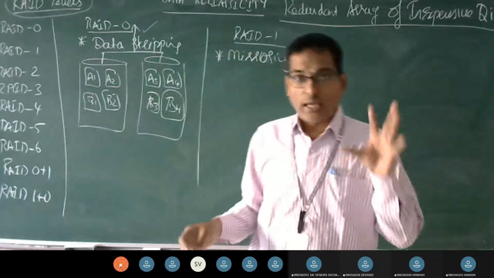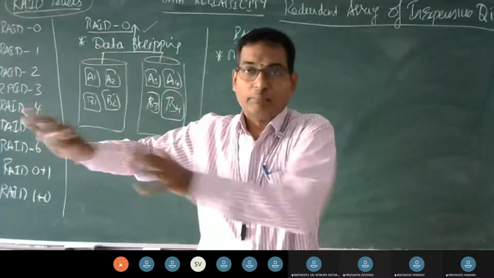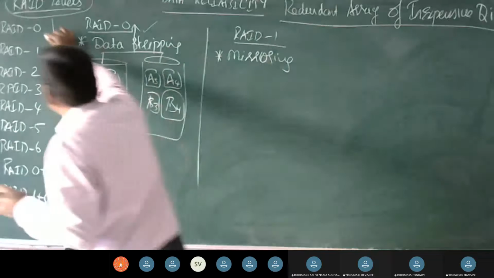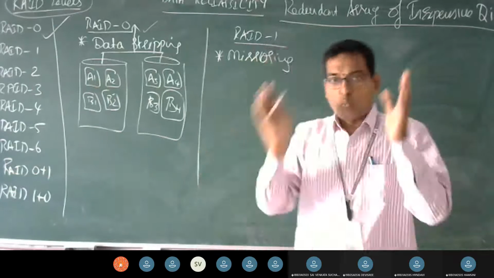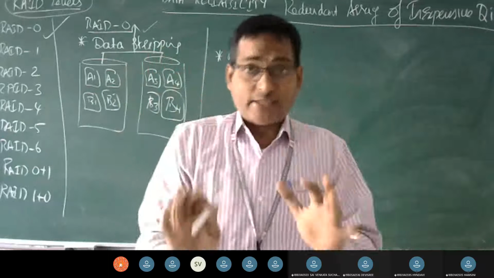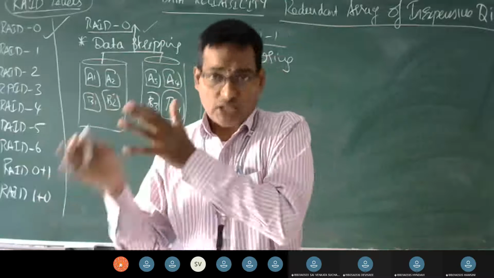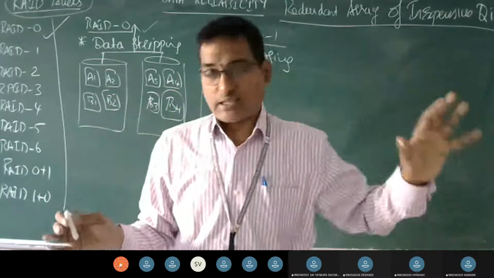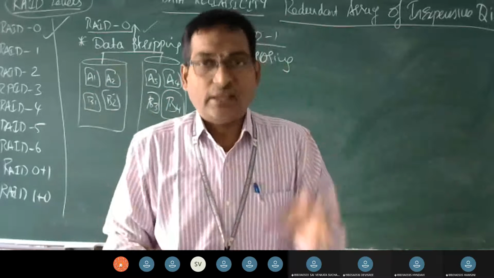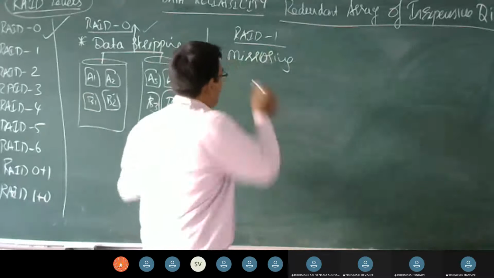When we say mirroring concept, the same content of data is taken up in the second device also. Whatever bits we bring into one disk, the same bits are placed in another disk, so that if one copy is lost, another copy can sustain.